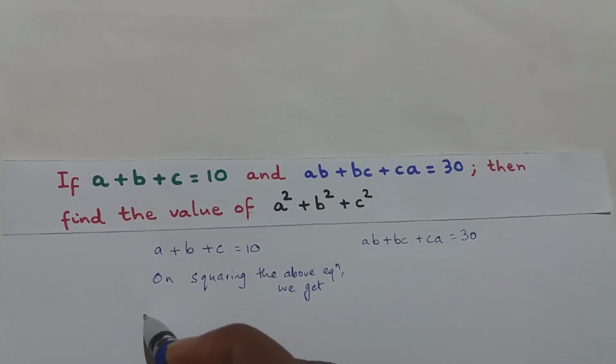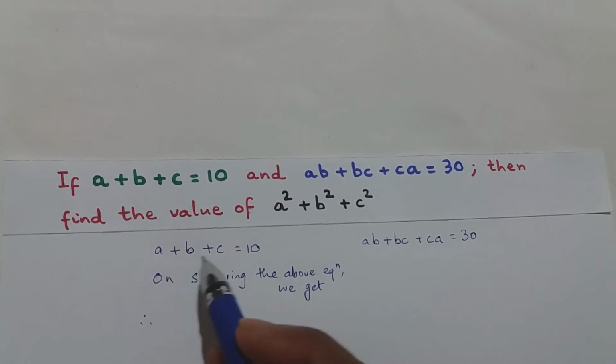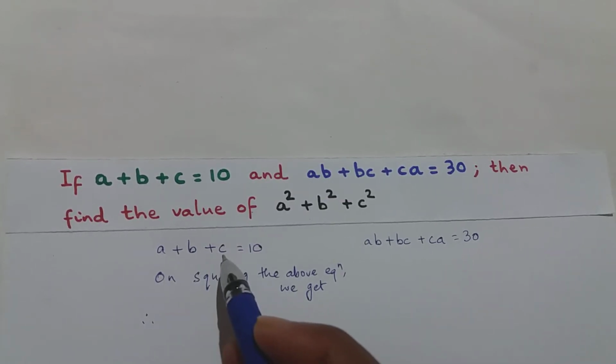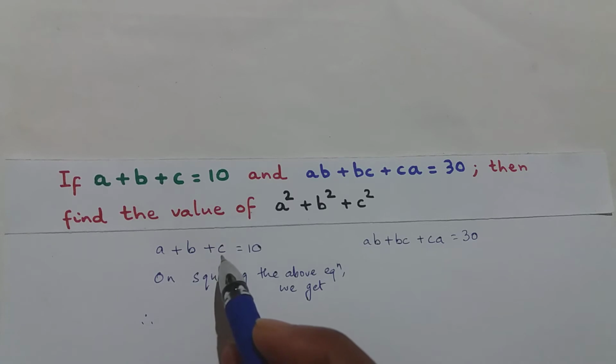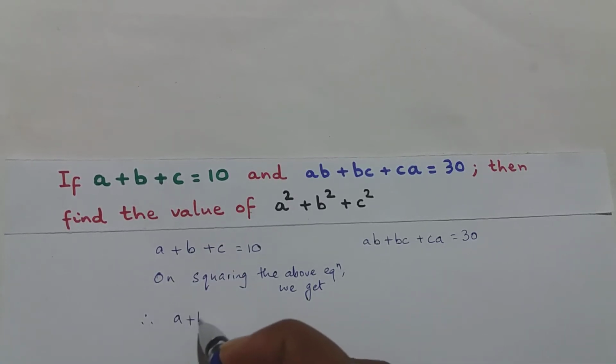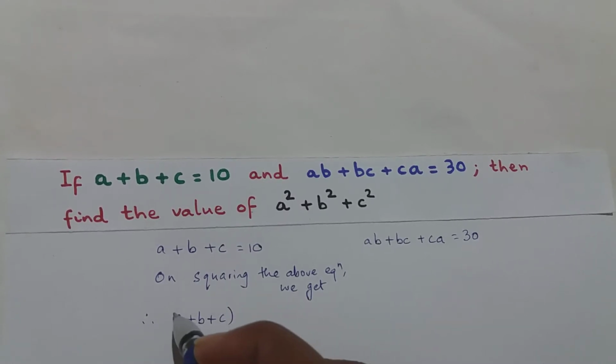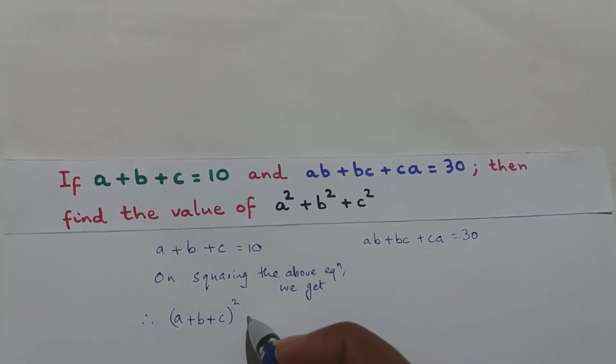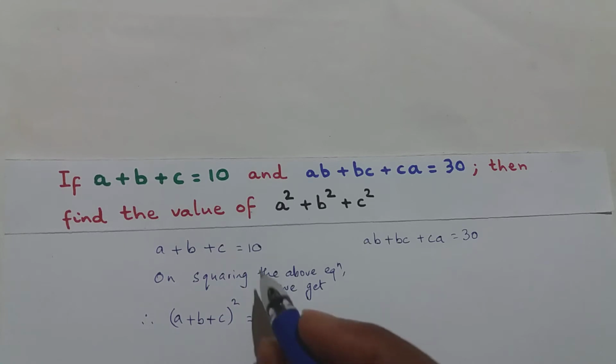So what do we get? The left hand side of the equation will become A plus B plus C whole square, that is equal to, and the right hand side of the equation will become 10 square.